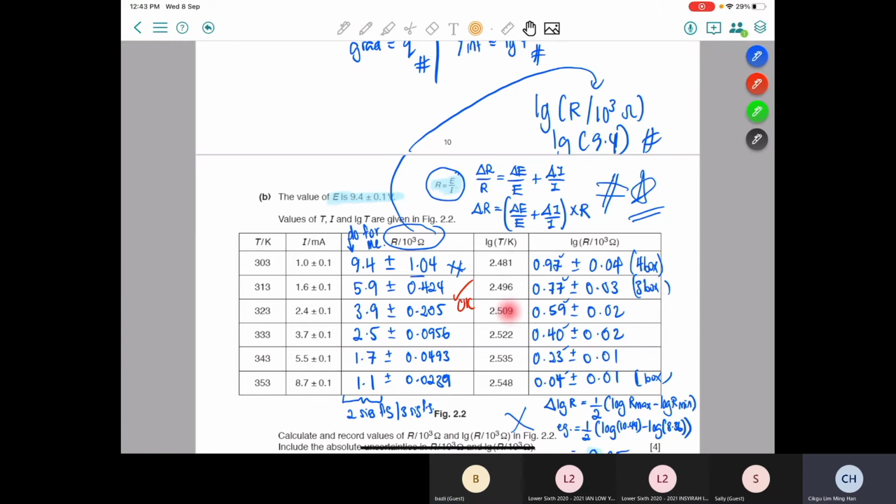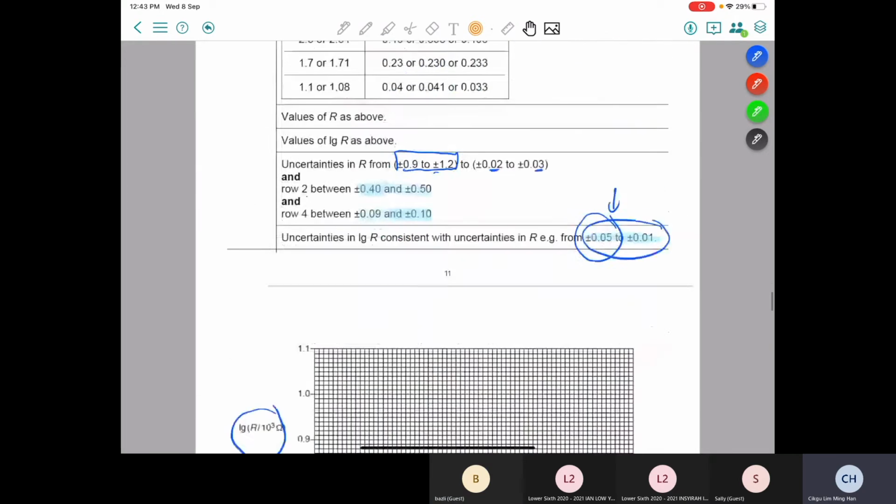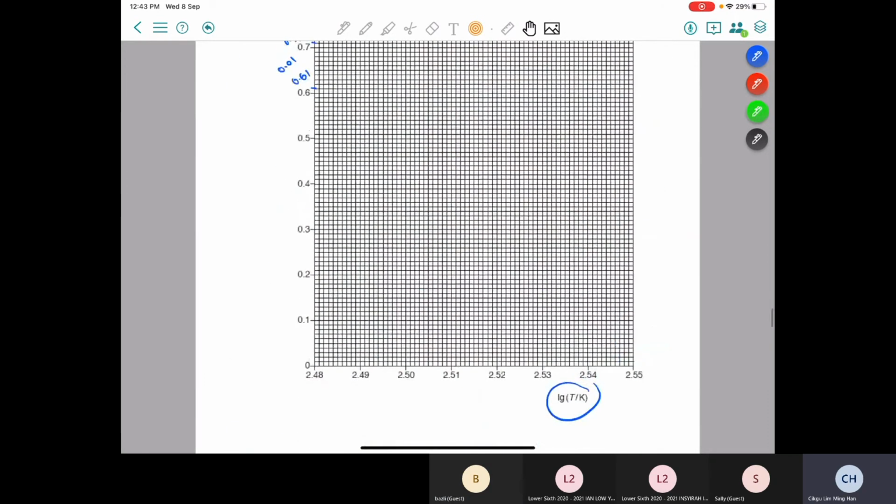You mean this one? This one is for your x-axis. Your x-axis. You plot, you must have 2 axes, right? This is your log T.